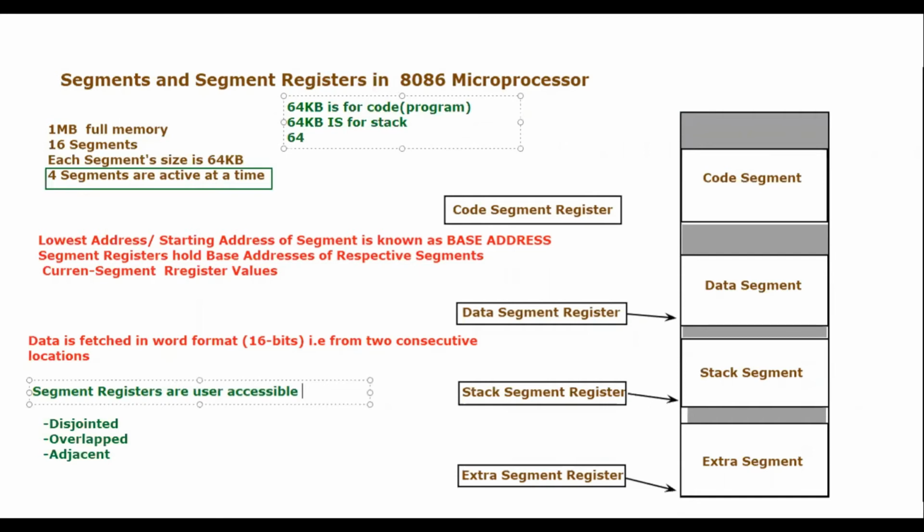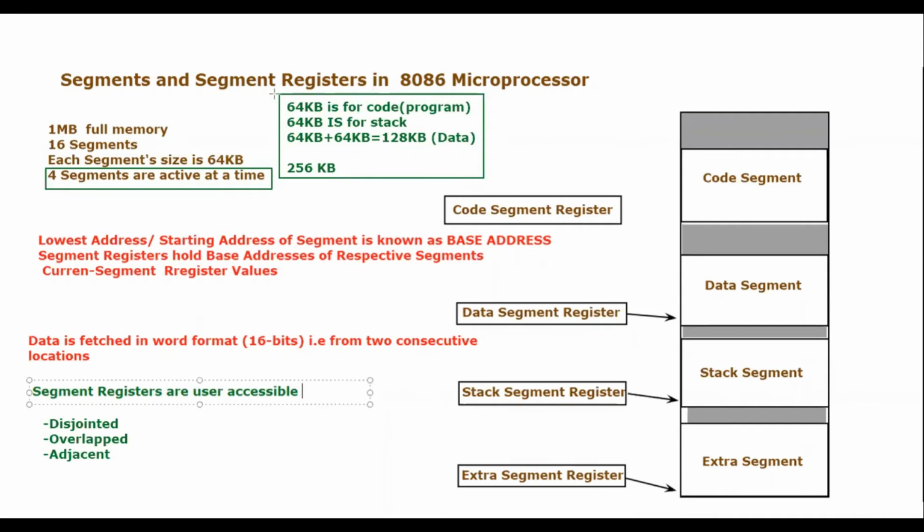And 64k plus 64k is equal to how many? 128 kilobytes are dedicated for data storage. In total, if we count them, it is 256 kilobytes of memory which is accessible simultaneously for any programmer or user. So this is one of the highlights of this video tutorial, and we need to note it down.